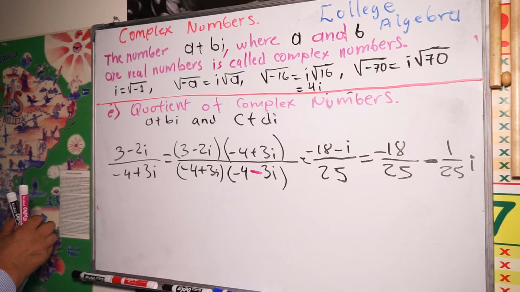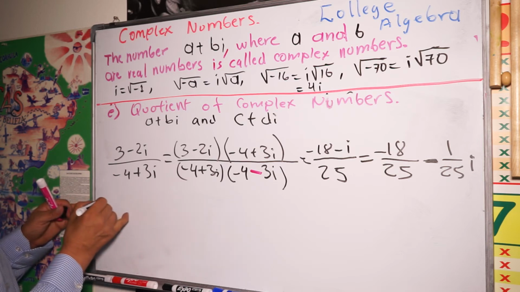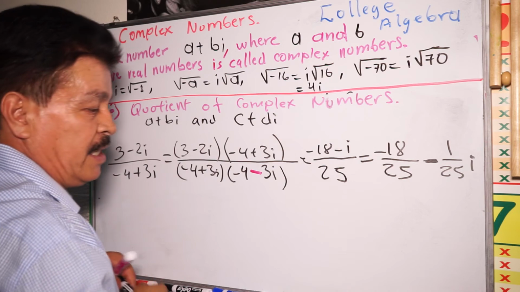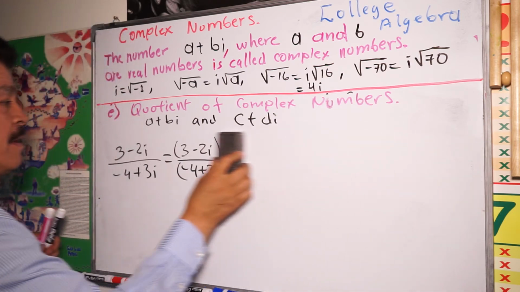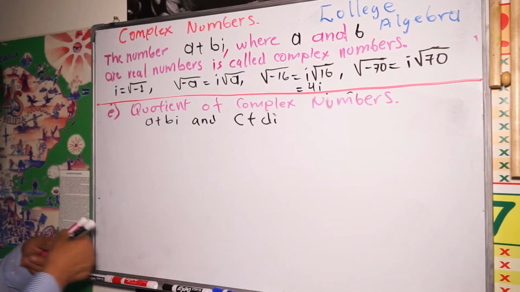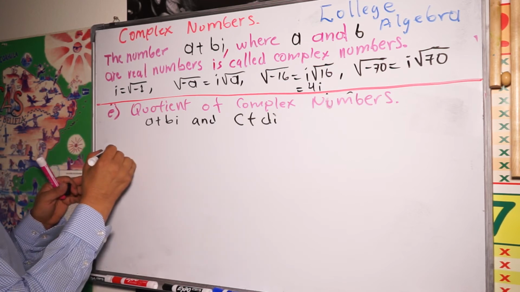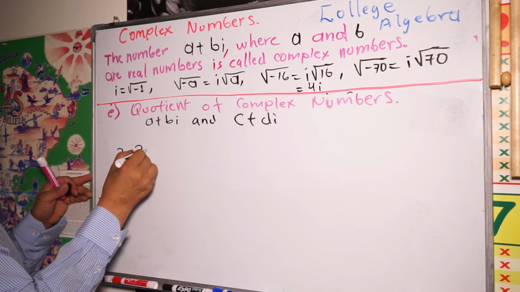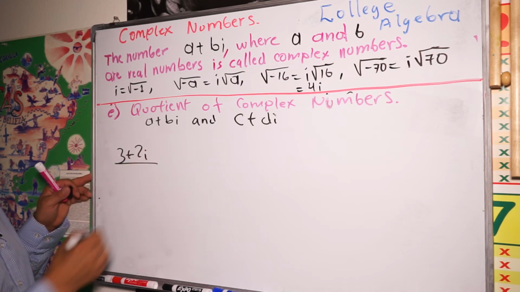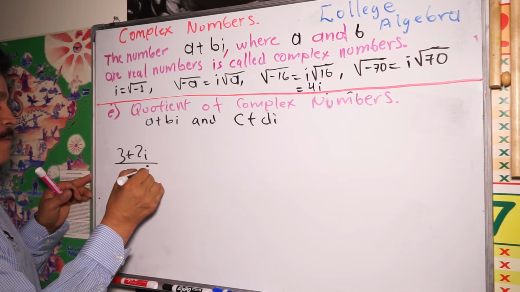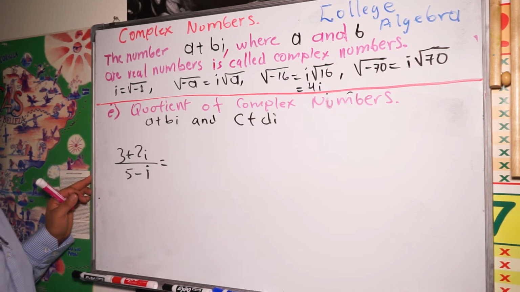Let's do another example. Let me erase this one. This one is a little bit confusing, and let me write another easy one. Let's write 3 plus 2i divided by 5 minus i. Right? Correct.